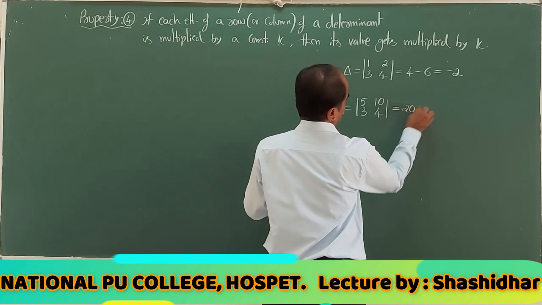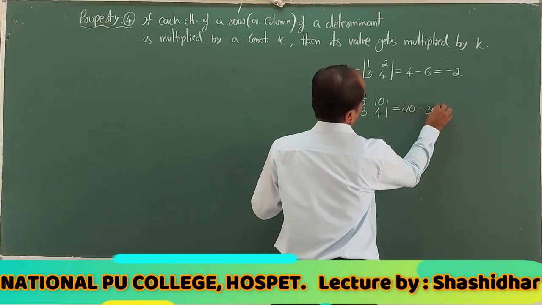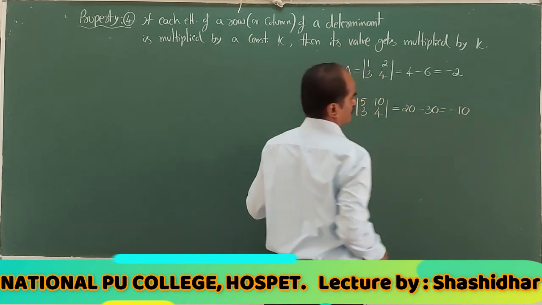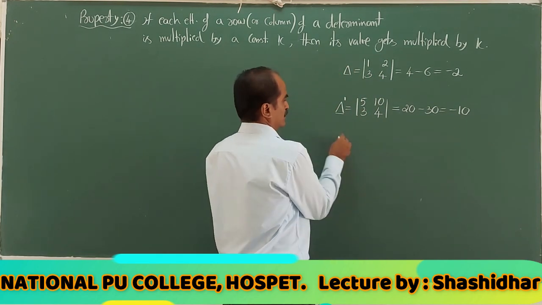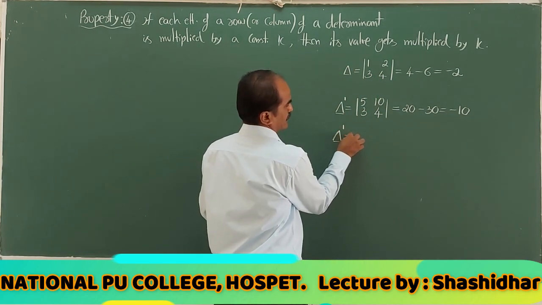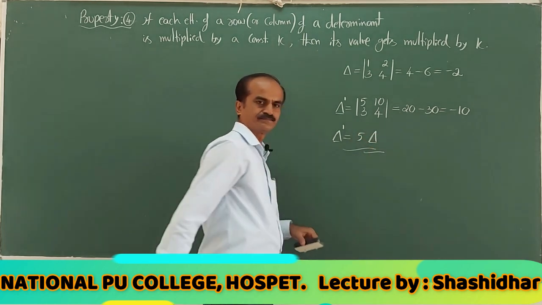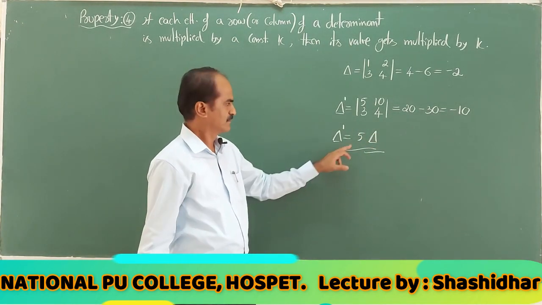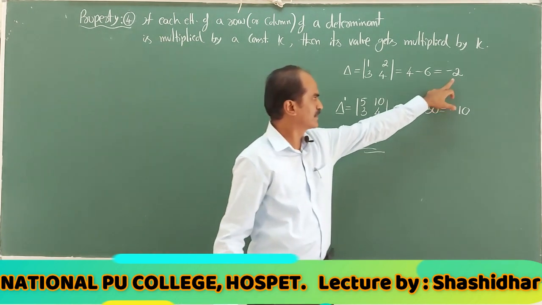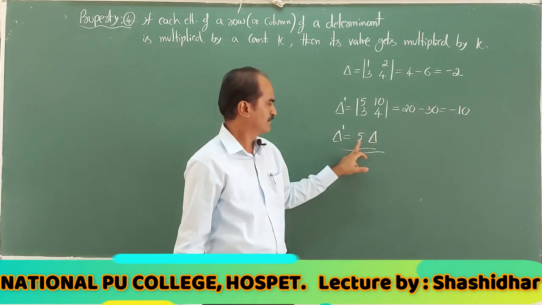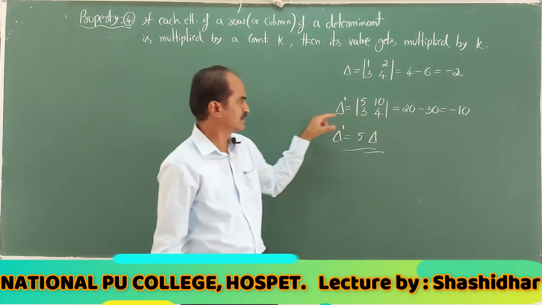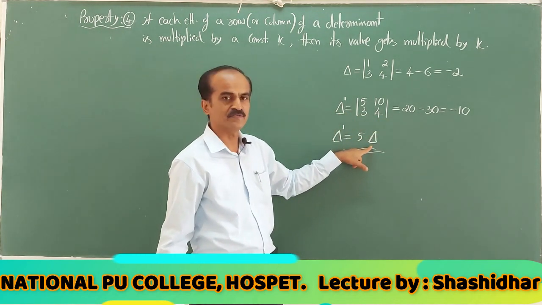It is 20 minus 30, that is equal to -10. Now delta dash is 5 times of delta. I can write 5 times of delta. Delta value is how much? -2. 5 into -2, -10. So delta dash is 5 times of delta.